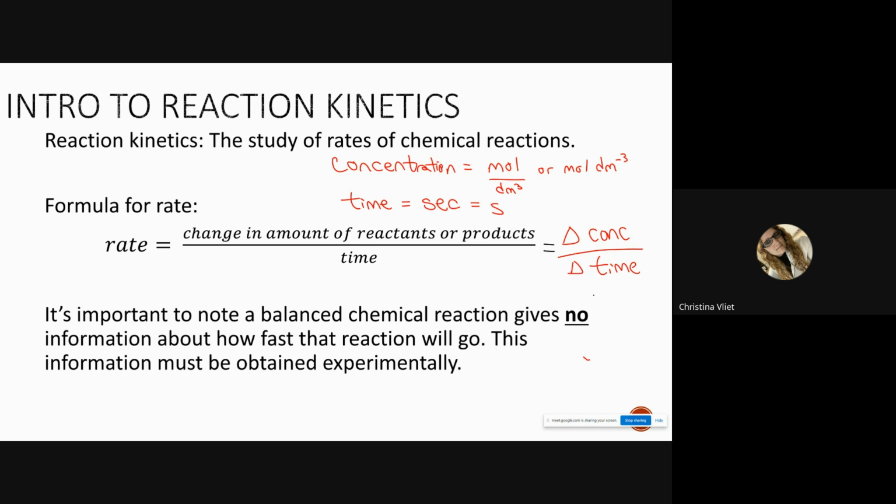All right, so I do want to bring up here, it's important to note that a balanced chemical reaction tells you how much reactant you need to make how much product, but it tells you nothing about how fast that reaction goes. That reaction could happen instantly, like most reactions we do, or it could take a long time.